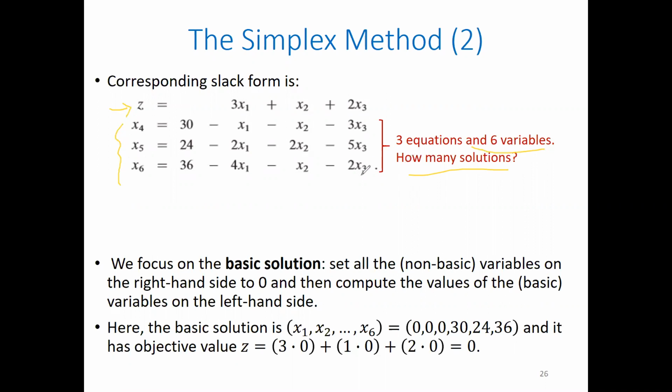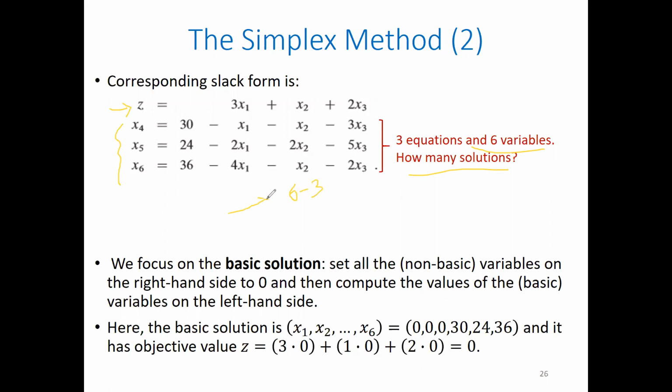Basically, out of this, 6 minus 3 of them should be set to 0 in order to give us a unique solution. Am I right? Yes. So if I choose 3 of these 6 variables and equate them to 0, I would be able to find a solution to this problem. Okay, good. So that's my starting point.